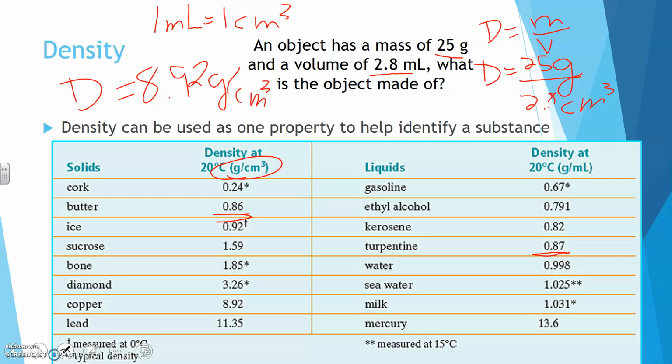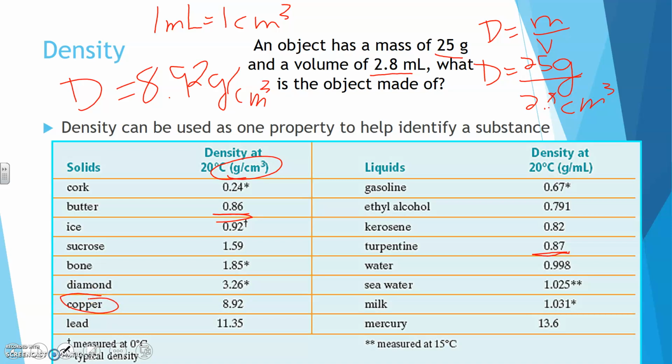Sorry, I'm having to write with my finger, so it's really kind of large and sloppy. I usually write with my mouse, but it doesn't want to work right now. So if we've got a density of 8.92 grams per centimeter cubed, we're going to look down our chart here, and we'll see that copper has the same density.